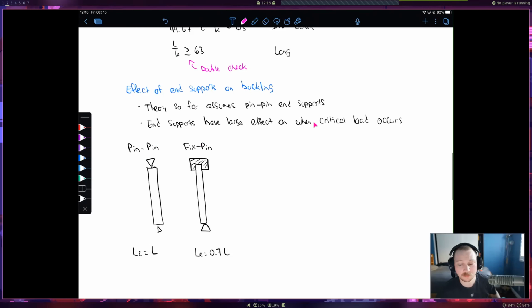Okay, so fix-pin, that effective length is 0.7 times the length, and then we can have a fix-fix column as well, and that effective length is going to be 0.5 times the length. I need to write out the definition as well. I know we talked about it, but I'll write out the definition for effective length.